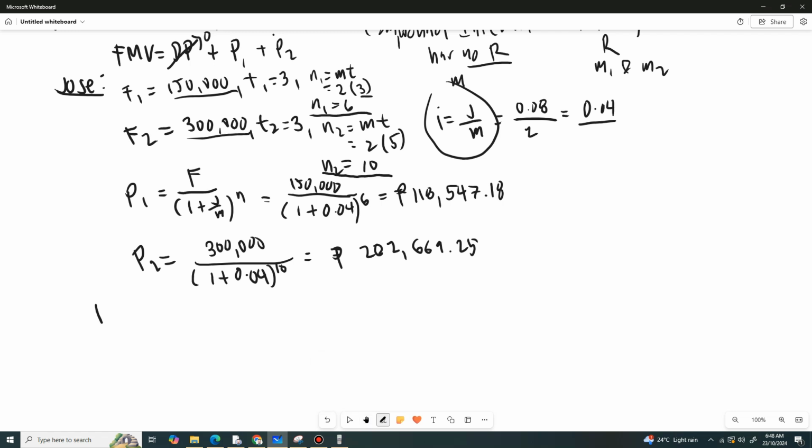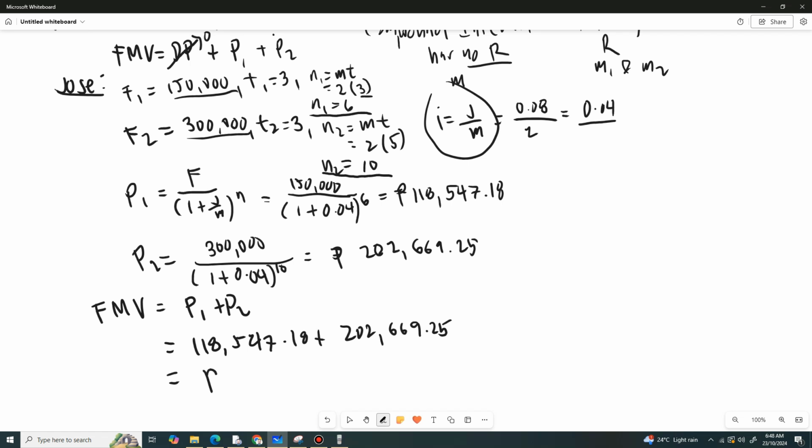Adding this up to solve our fair market value without down payment, P1 plus P2, we have 118,547.18 plus our 202,669.25, which will give us 321,216.43. This is the fair market value for Jose's offer.